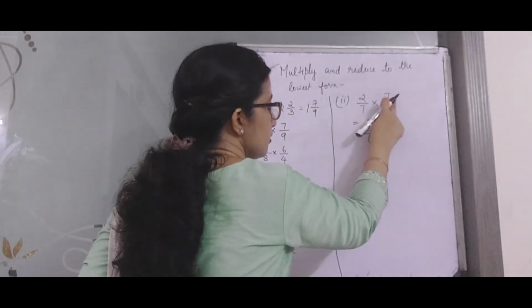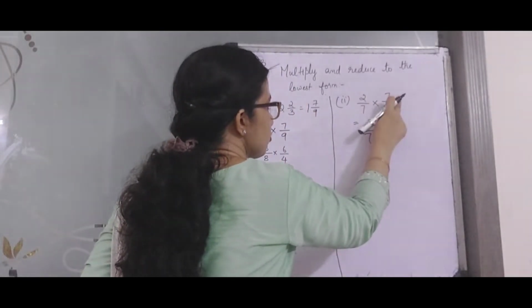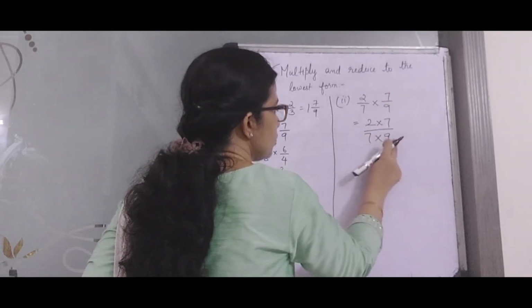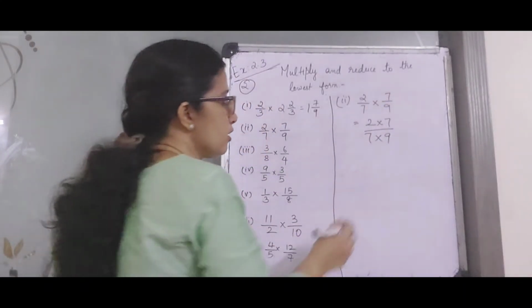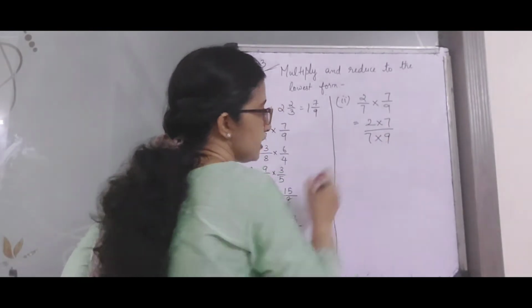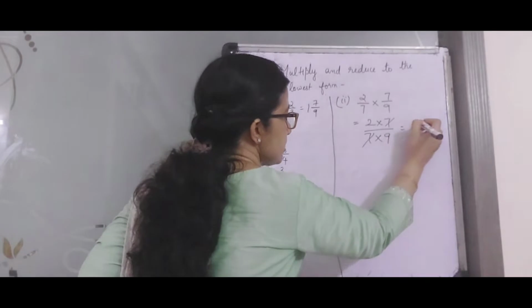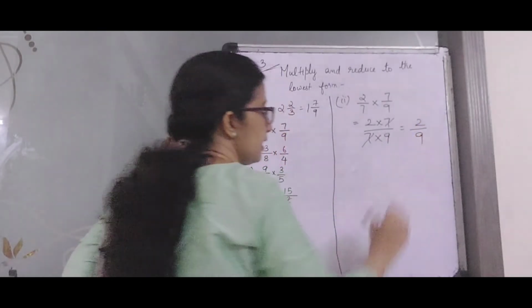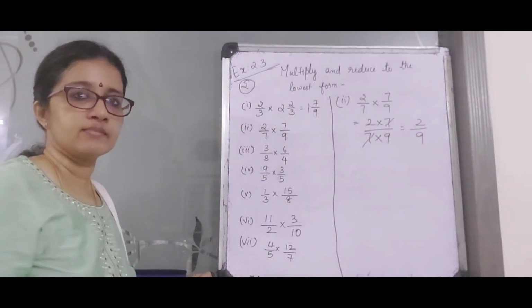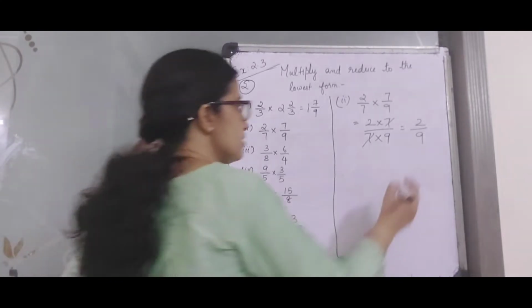But two numerators have to be multiplied divided by two denominators have to be multiplied, right? So there is a 7 here and there is a 7 here. Okay, so cancel the two 7s. Answer is 2 by 9. Clear? The answer is 2 by 9.